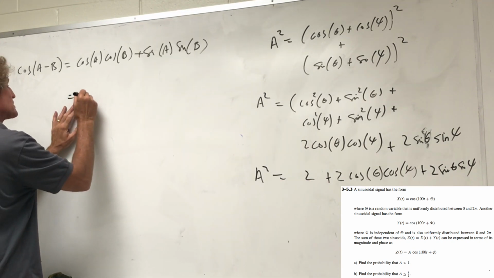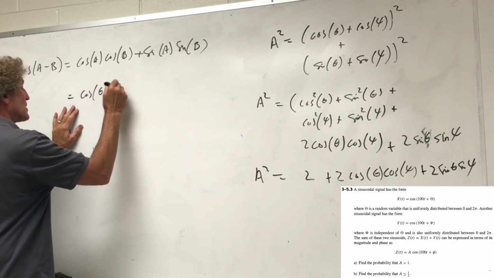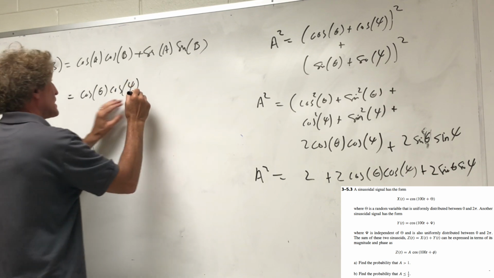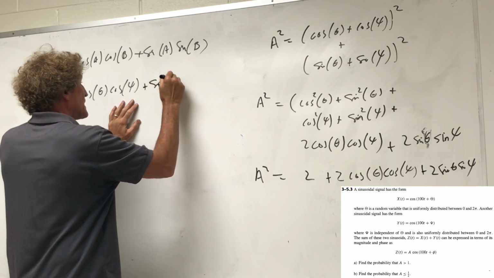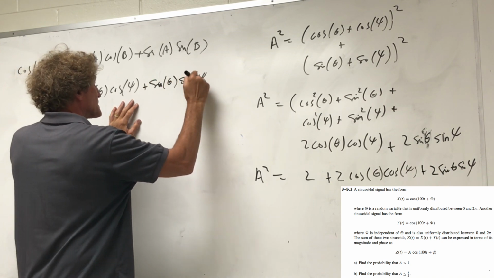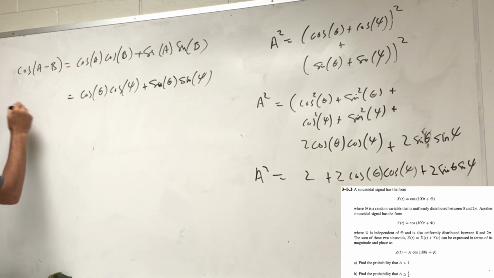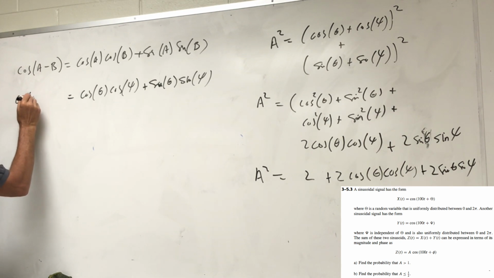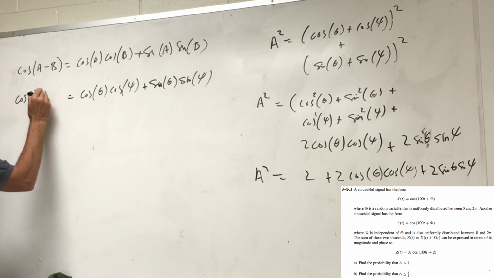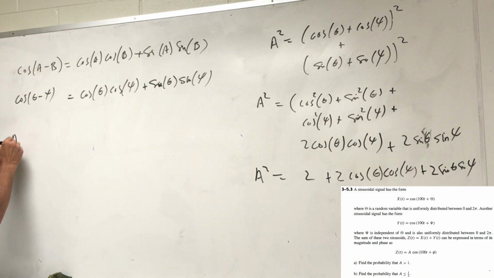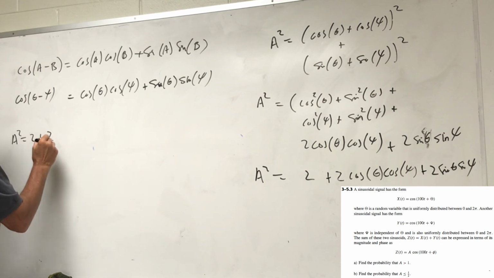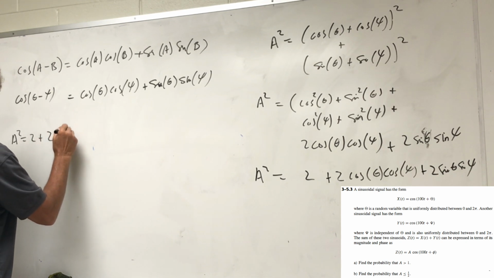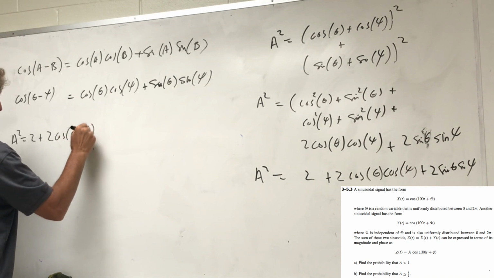Now that's equal to cosine, and the order doesn't matter, cosine of theta minus psi. I can rewrite this. A squared is equal to 2 plus 2 times cosine of theta minus psi.